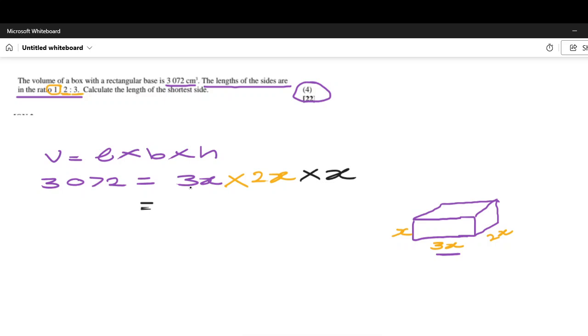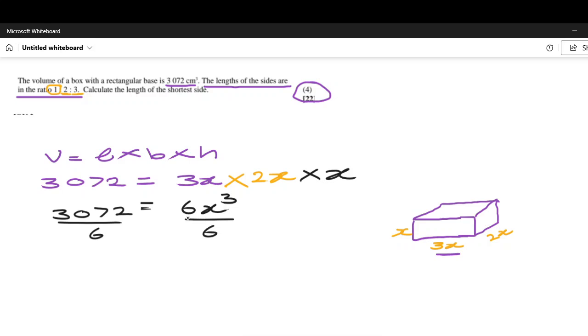When you multiply this, we get 3 times 2 is 6, so we get 6x cubed, equal to 3072. Now we're just going to divide by 6 on both sides. You guys already know this.